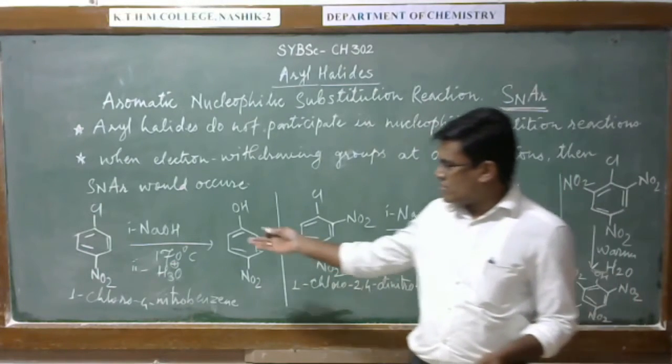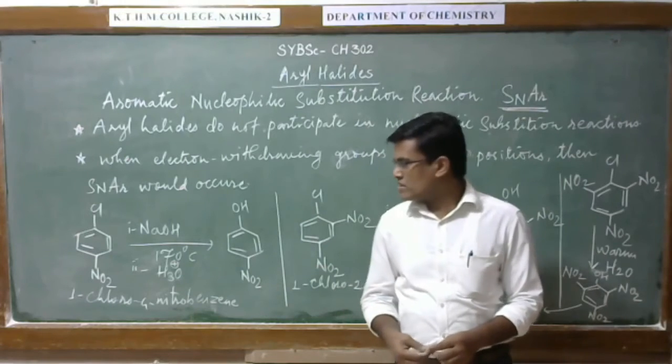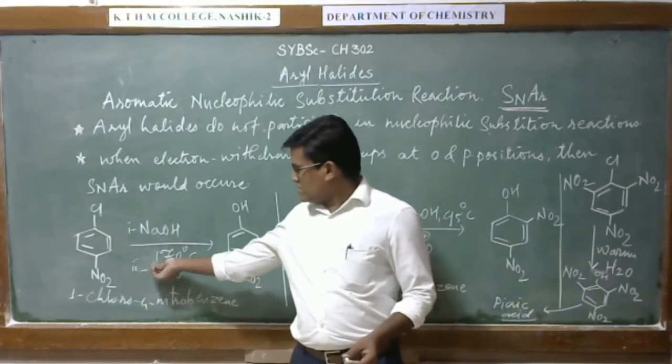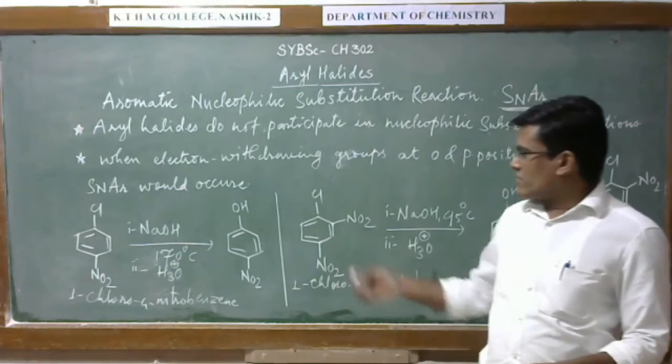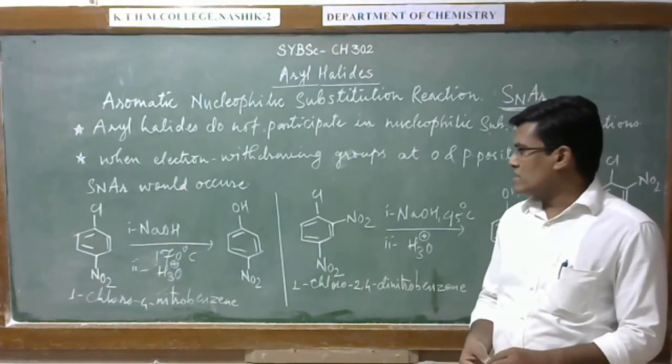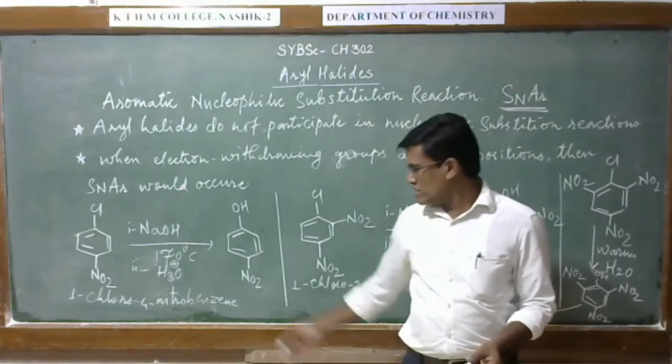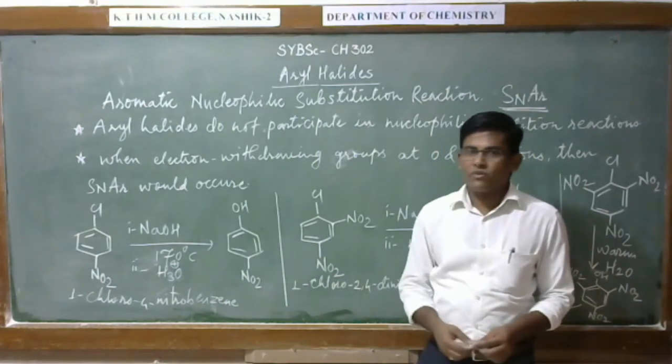But when you have this nitro group at the para position, the temperature becomes 170 degrees Celsius. When you react with NaOH at 170 degrees Celsius followed by acid hydrolysis, it gives this nitrophenol.